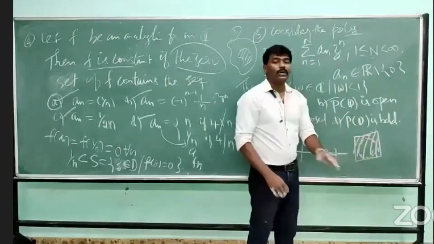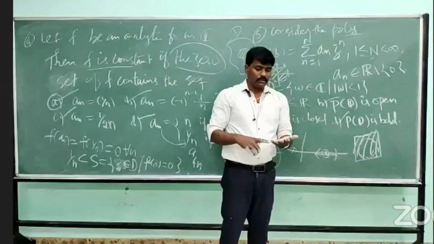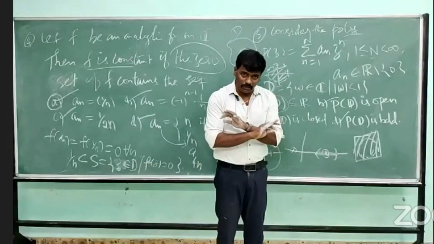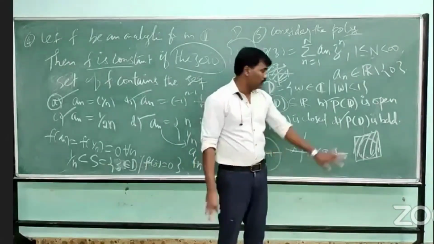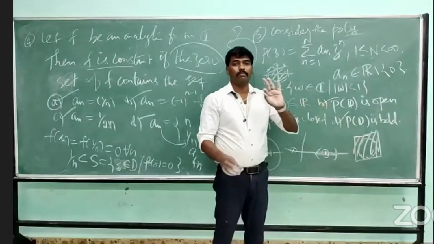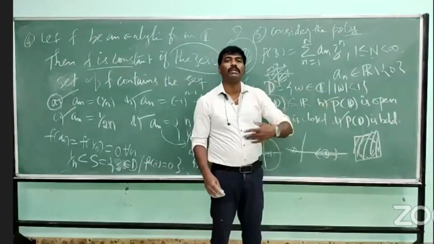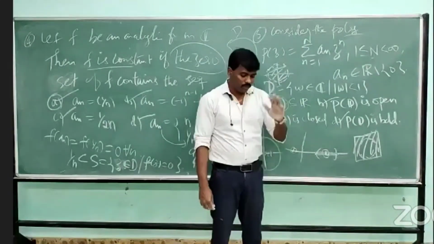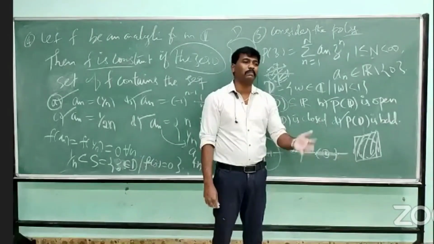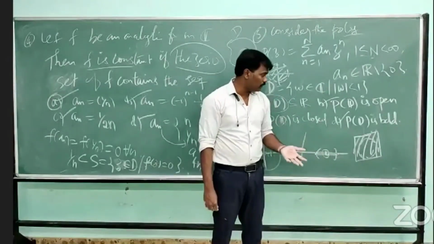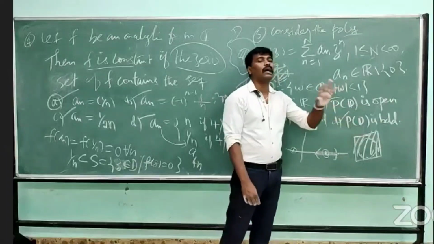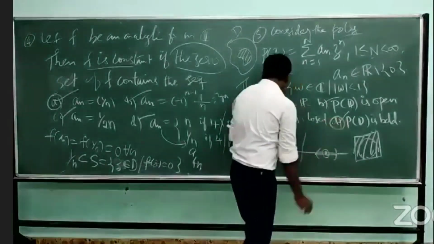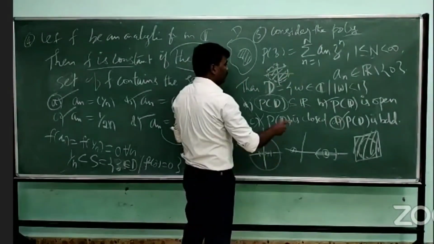This is closed and bounded clearly, so closed and bounded implies compact with respect to the usual topology. Here we are assuming the usual metric. f of z is a continuous function. The continuous image of a compact set is compact, and compact implies bounded. So therefore, f of D is always bounded. So option D is correct. The correct answer is B and D only.